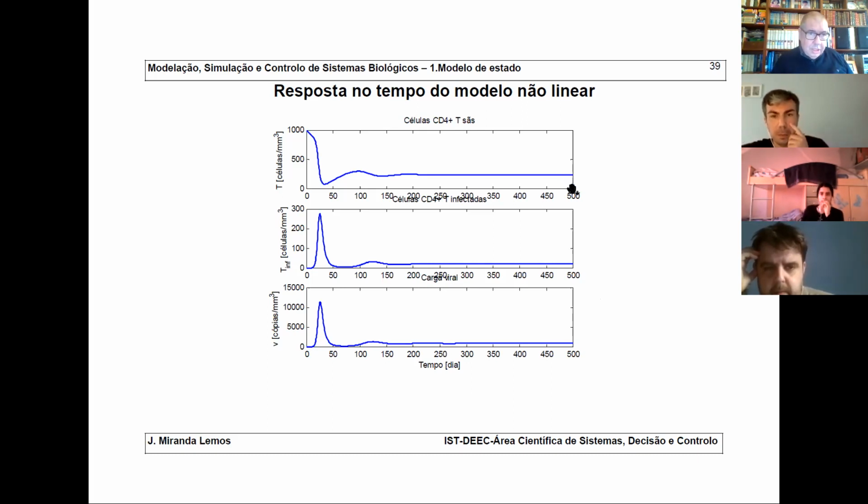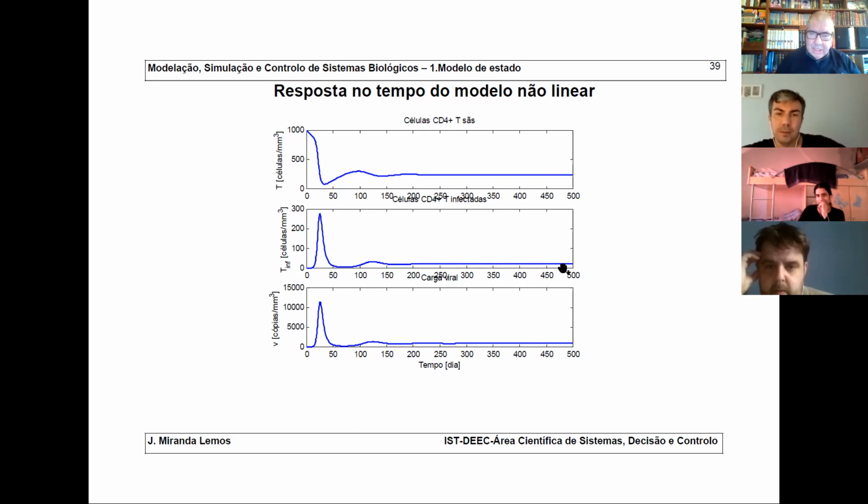T equal to this value, T star equal to this value, and V equal to this value. Is it stable or unstable? Probably, if we add more virus particles, it will go up again and then return to it.